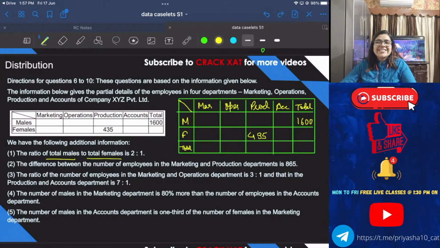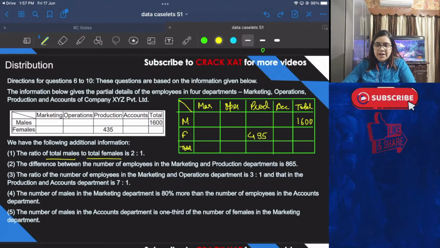4 minutes done. Come on. If you are close to doing that, let me know in the chat. Otherwise, I'll get started with the explanation, I mean, just the formula framing part.